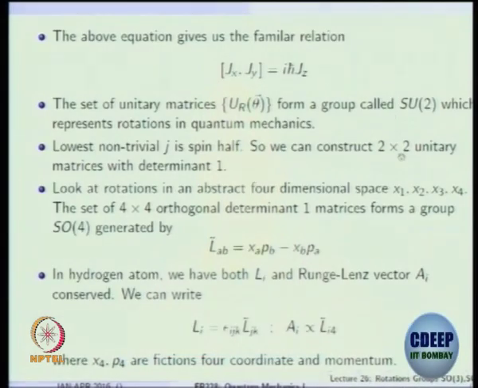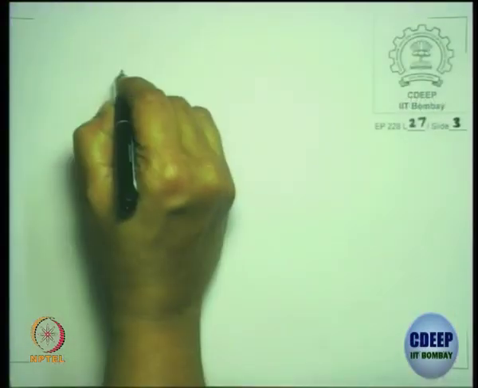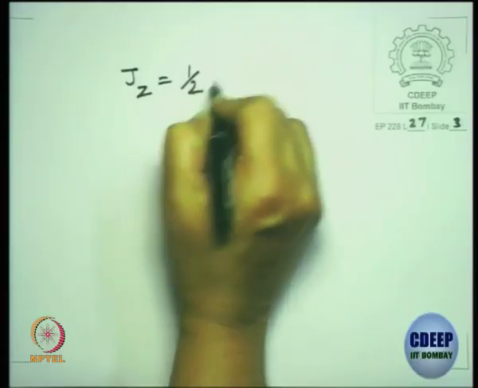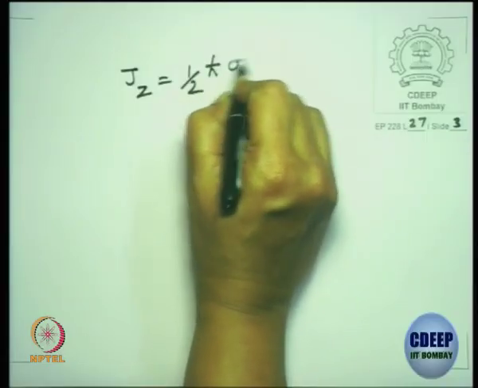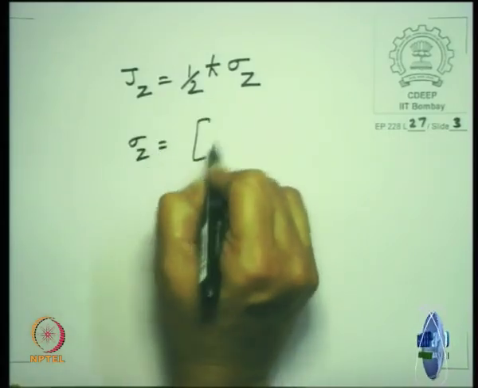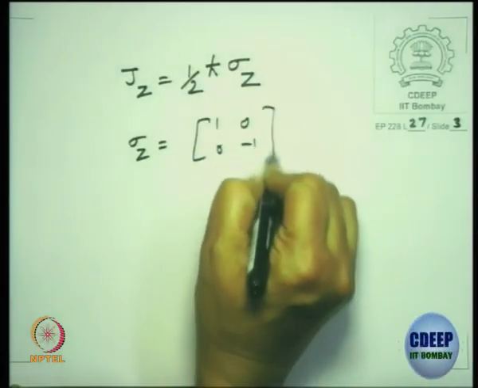And you can have these set of 2 cross 2 unitary matrices and you can check those matrices which you did. Sigmas, the Pauli matrices were all traceless matrices, right? So we can take Jz to be half of h cross times sigma z, where sigma z is the Pauli matrix which is 1, 0, 0, minus 1.